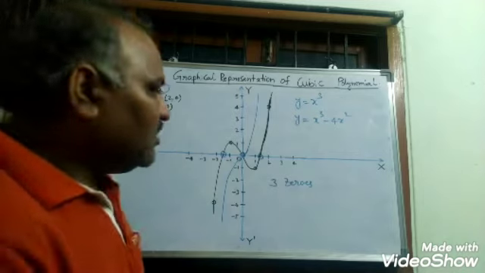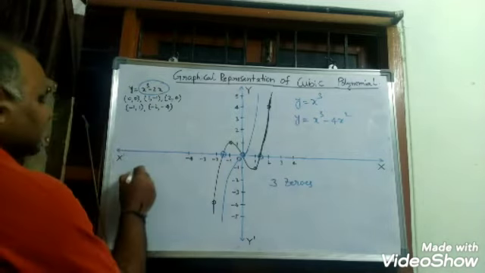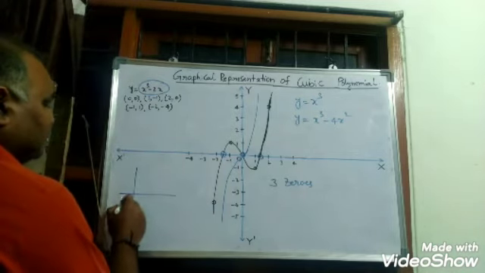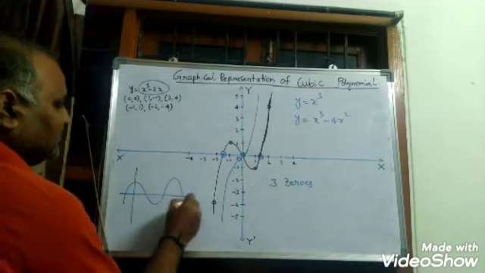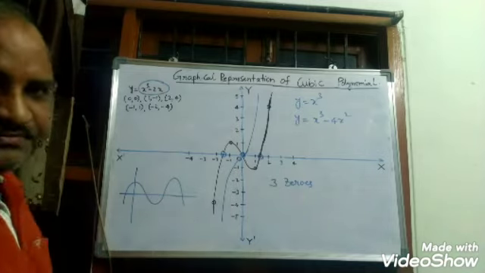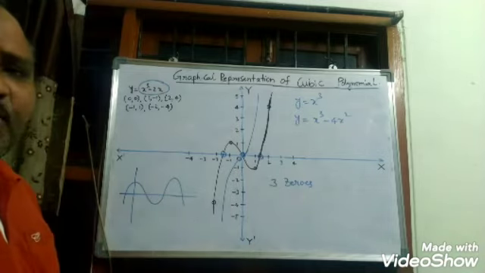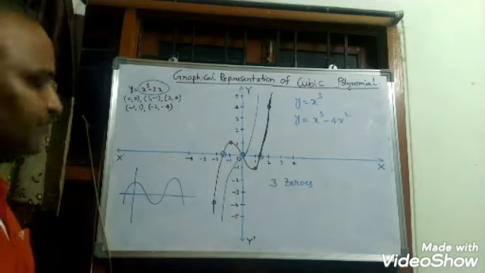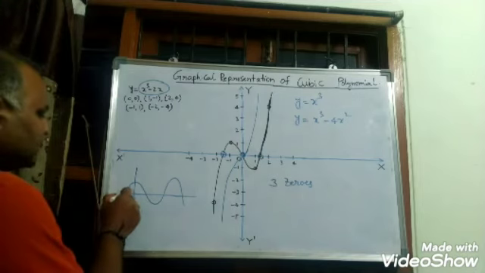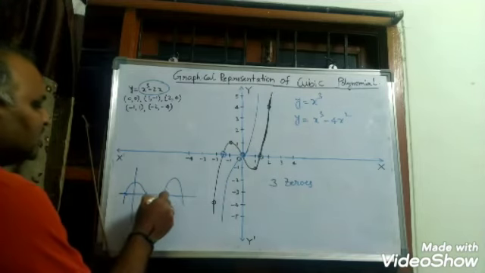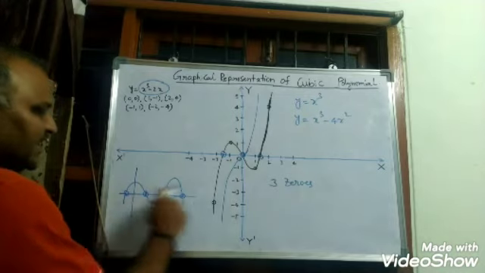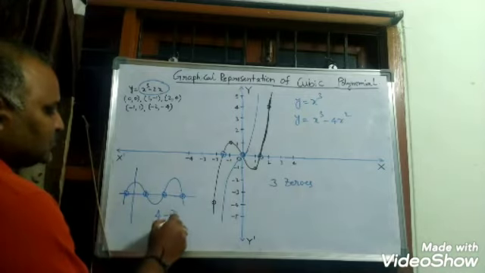And one more small example you can see here. Suppose I have a graph in this manner like this, how many zeros can it have? You can easily predict: 1, 2, 3, 4 points. At 4 points it is meeting the x-axis, so we have 4 zeros.